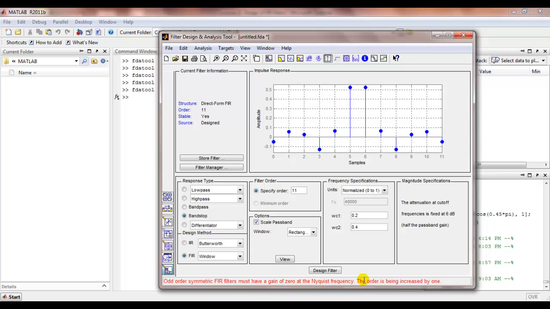The order is being increased by 1. So MATLAB knows that it's not a realistic goal to design a band stop filter with even length filter. Okay. Because you are going to be constrained to have a 0 either at z equal to 1 or z equal to minus 1, which is not a good option for a band stop filter.